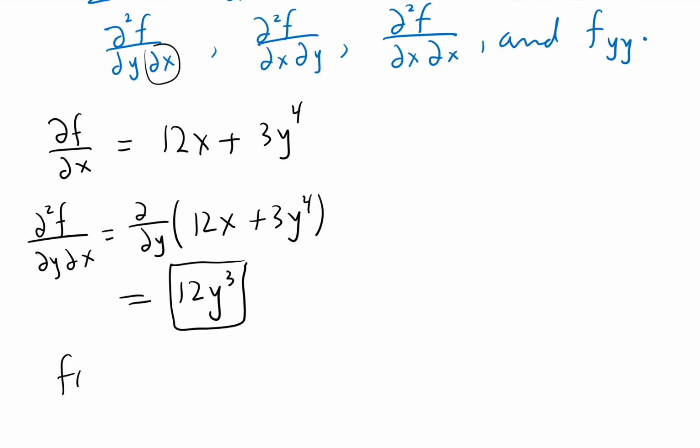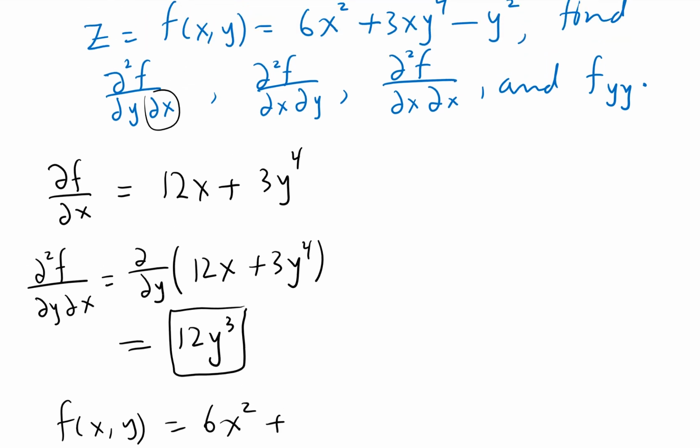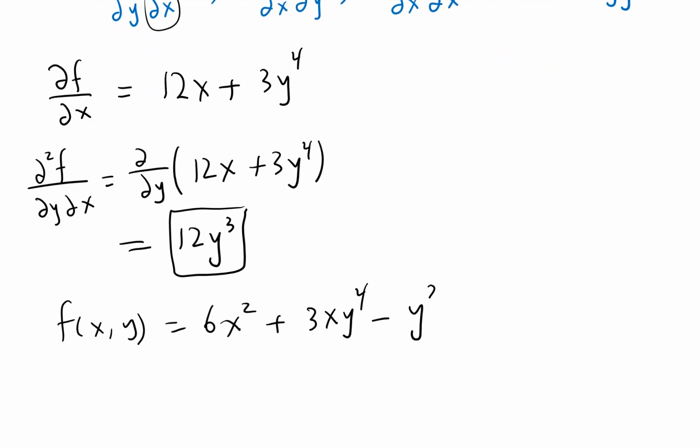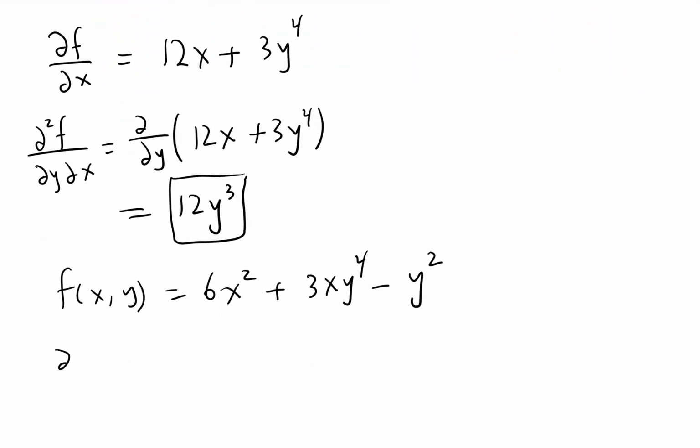Let me write the function again. 3xy to the fourth minus y to the second. We need to find partial f with respect to y first. The first one is 0. The next one would be 12xy cubed minus 2y.